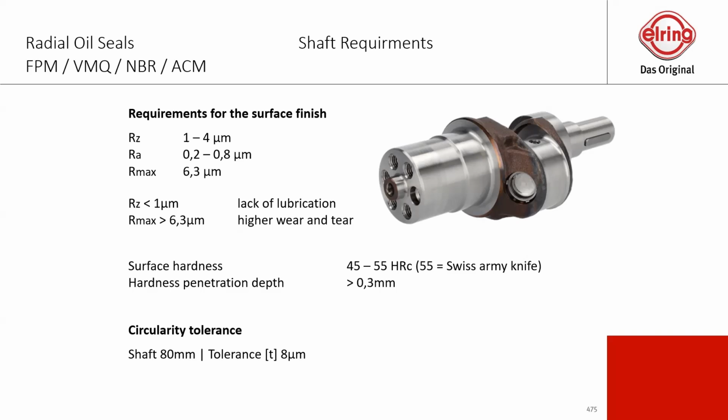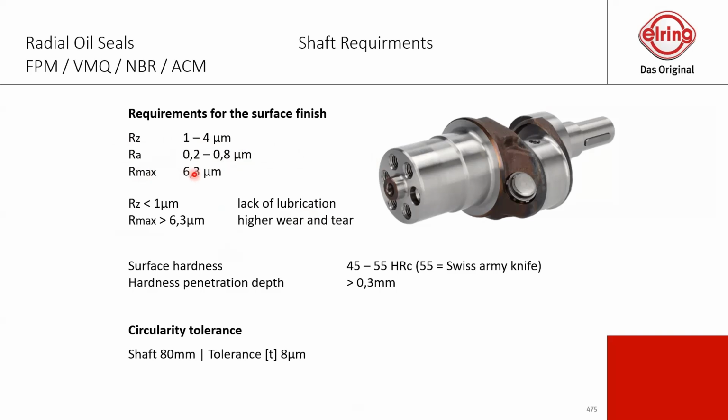The first is the surface roughness we want to have: 1 to 4 micrometers. This is very low, so you will not see any kind of scratches on the surface. The Ra is also 0.2 to 0.8 micrometers, very low, and the maximum roughness is 6.3.